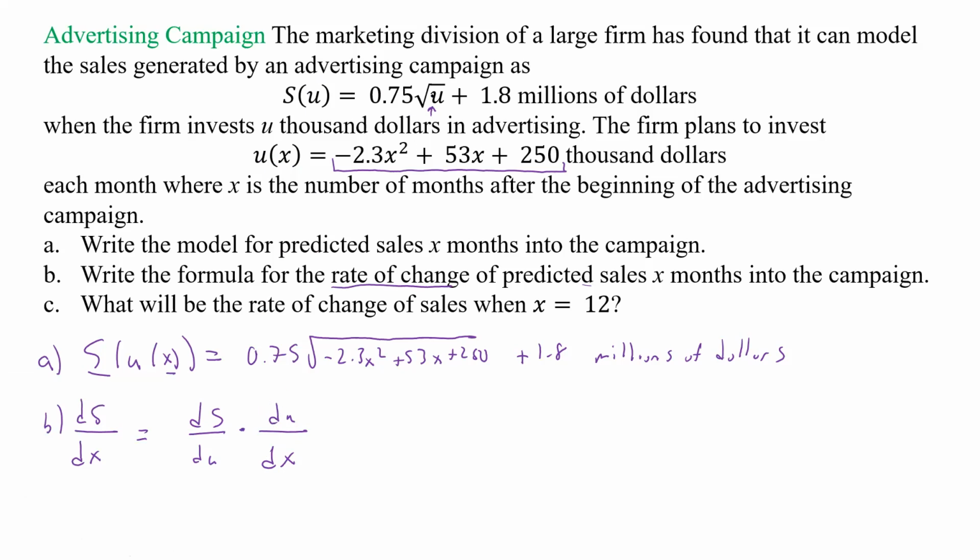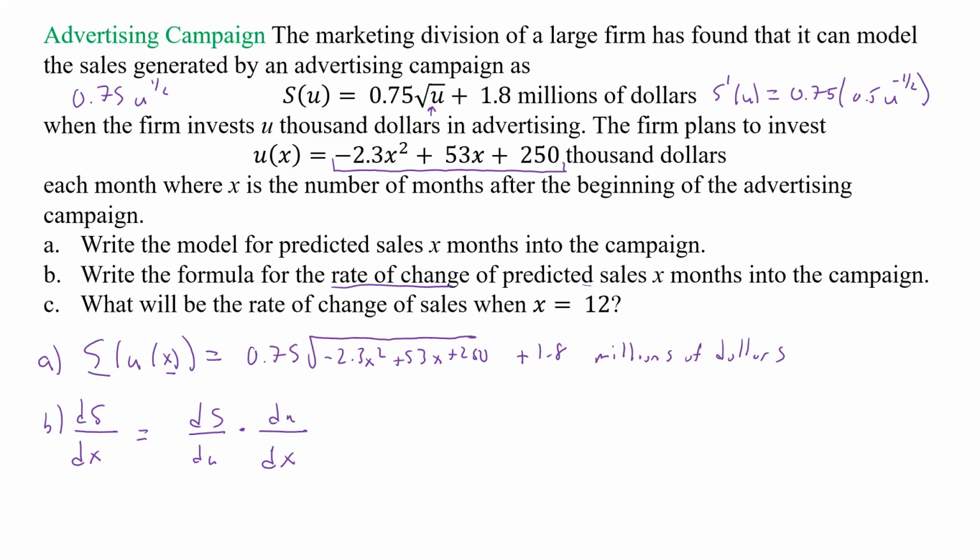So we just need to take the derivative of both of these. S prime of u is equal to, well, we'll have a thing times this. If we rewrite that as 0.75 u to the 1/2, that's going to make it a little easier because then we don't have to worry about the square root. So we bring that down, and we'll have 0.75 times a half, then u to the half minus 1, which is a minus 1/2, and the derivative of 1.8 is nothing. That's our first derivative.